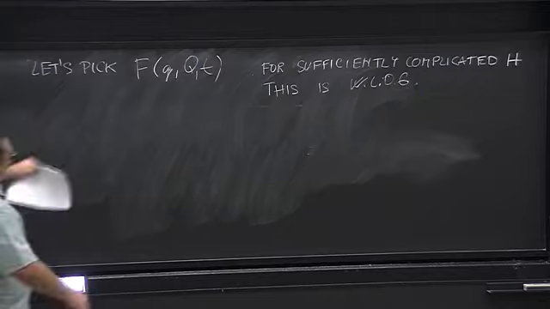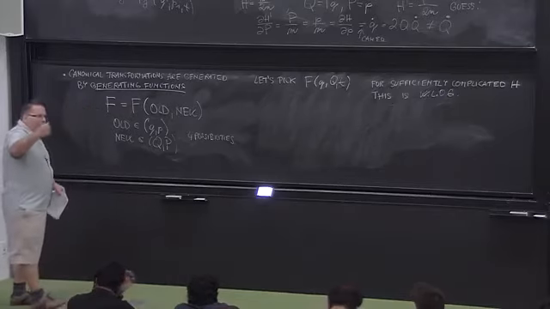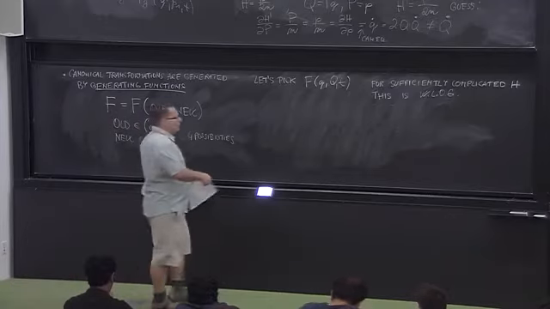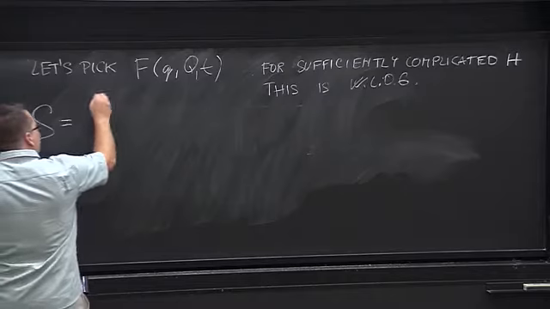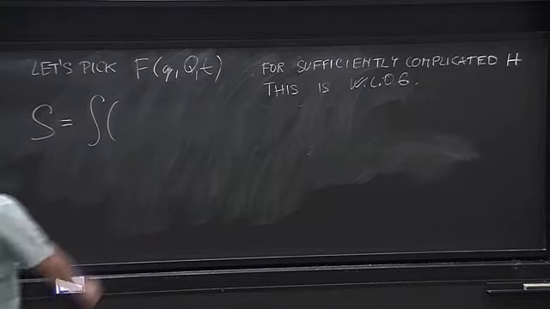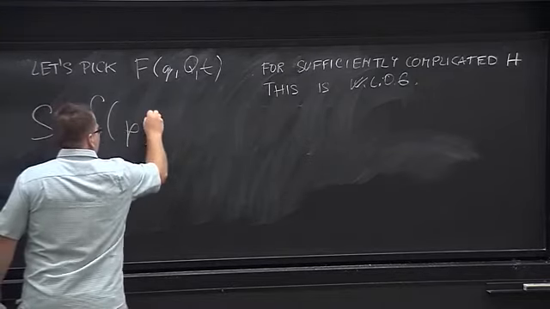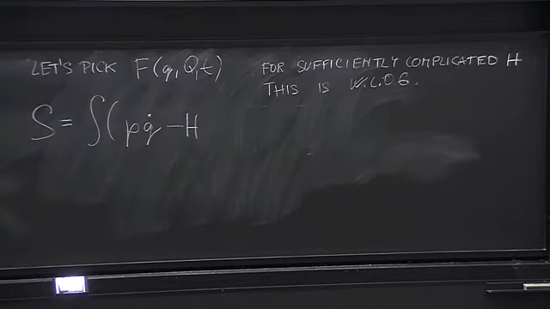All right, so we are picking this function here, and we will use the freedom in the Lagrangian description. So remember, we could do L to L plus d of a function lambda of q over dt. So the statement is, if I consider S, which is given by my original L, which however now I write in terms of the Hamiltonian, so it will be p q dot minus H. So this is my old Lagrangian.